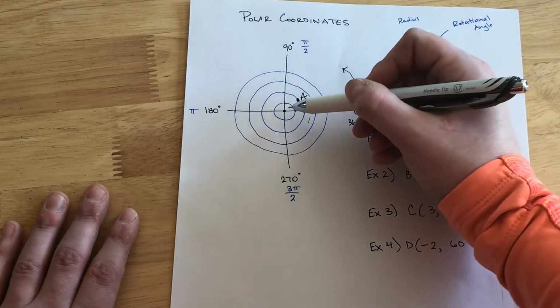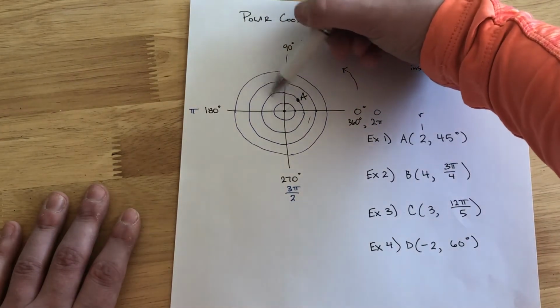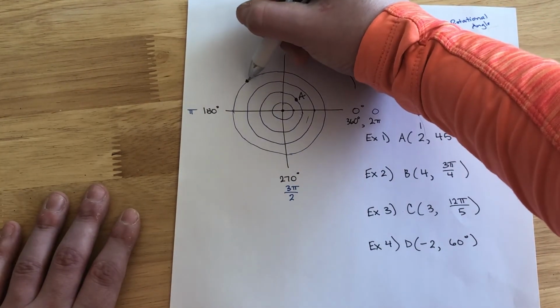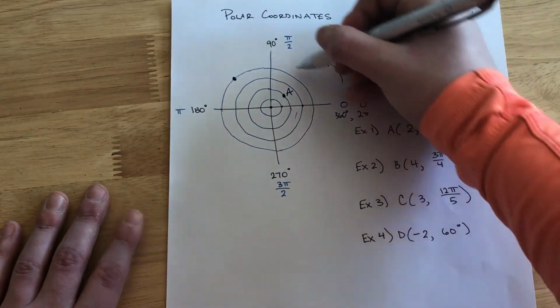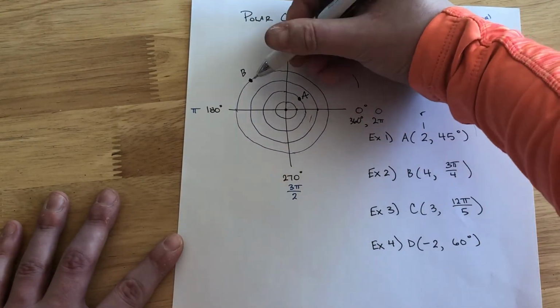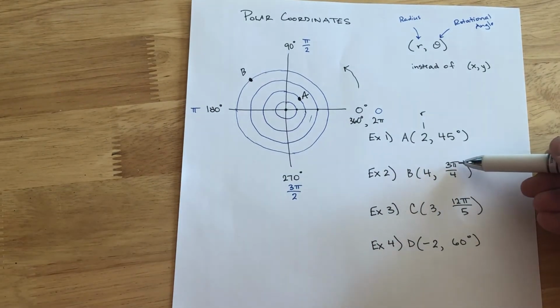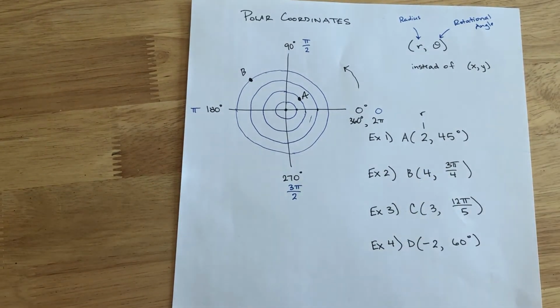So if we break that up into 1/4, 2/4, 3/4, that's where we would be located on the 4th circle out. That's one way to do it. Or you can certainly use the conversion factor of taking 3 times 180 and divide by 4 to come up with the degree measure.